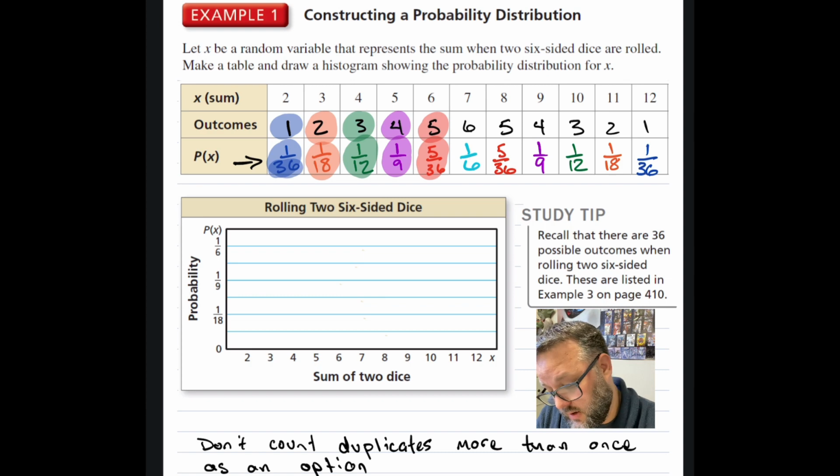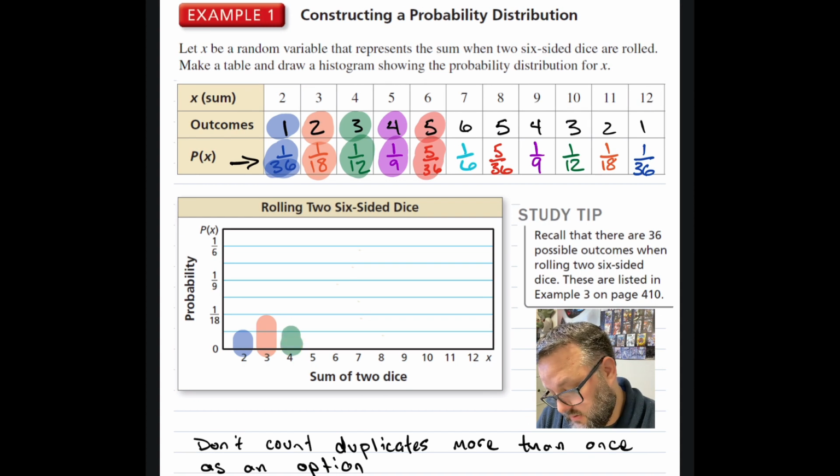All right, so what I'm going to do is I'm going to go back and start graphing this. A 1 out of 36 chance at rolling a 2 means we're right here. A 1 out of 18 chance of rolling a 3 means we're right there. A 1 out of 12 chance means we're right there.